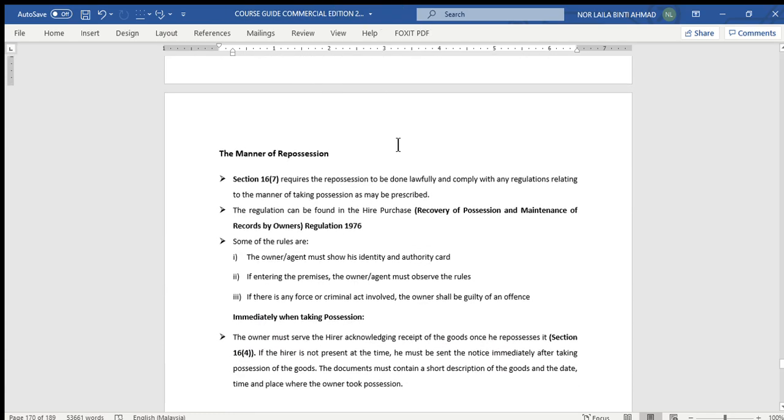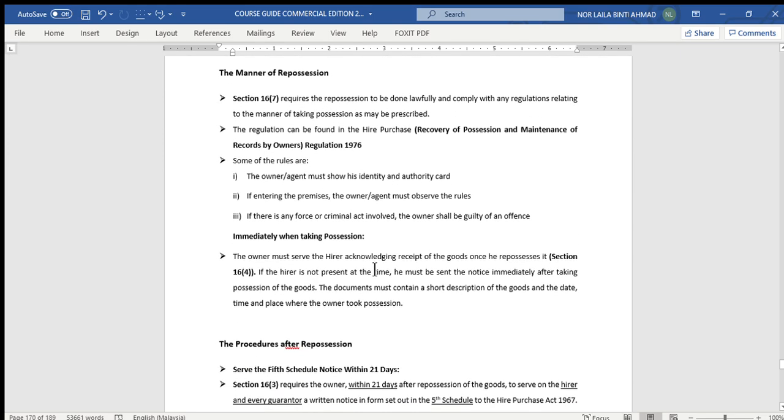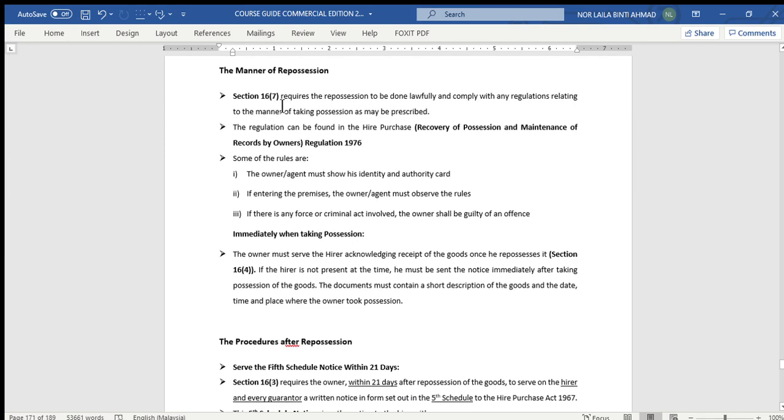The process during repossession is based on section 16 subsection 7. The repossession is to be done lawfully and must comply with any regulations relating to the manner. You may refer to these regulations that must be followed by the owner. If the owner uses an agent, the agent must show his identity and authority card.